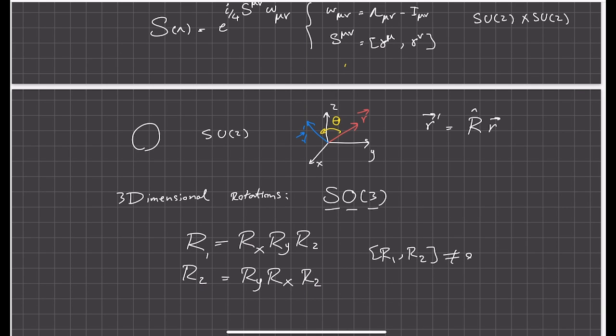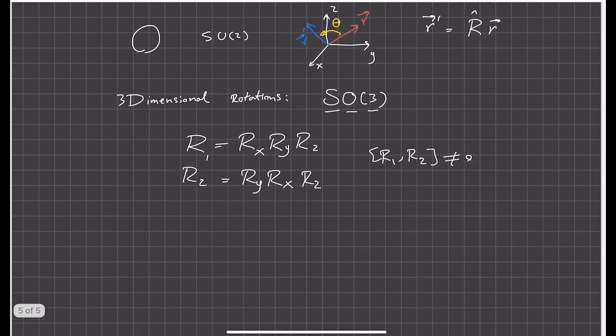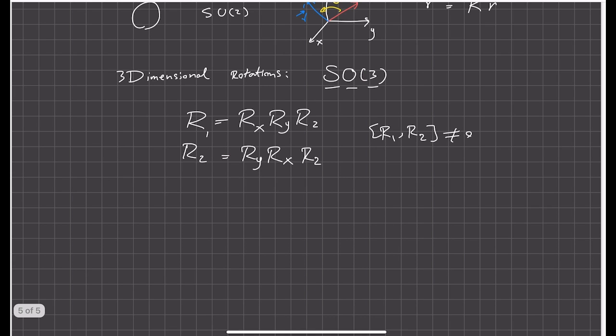There are so many examples where you rotate something in a different order and then the final output is something different. So that's why you're seeing that even in classical work, rotation is an example of how to make a quantum mechanical structure, where they do not commute with each other.